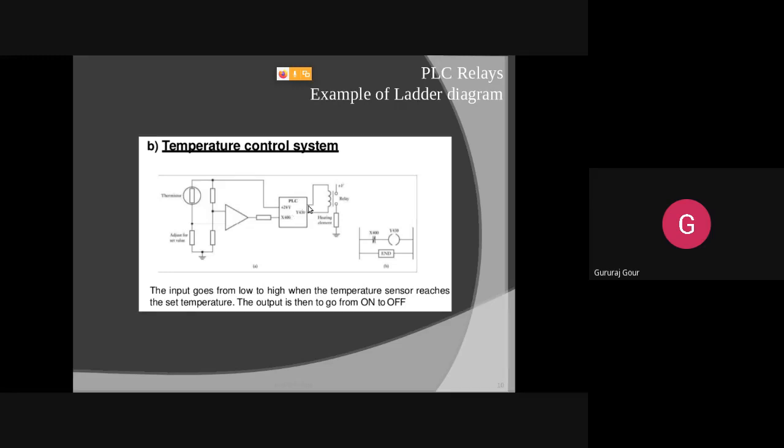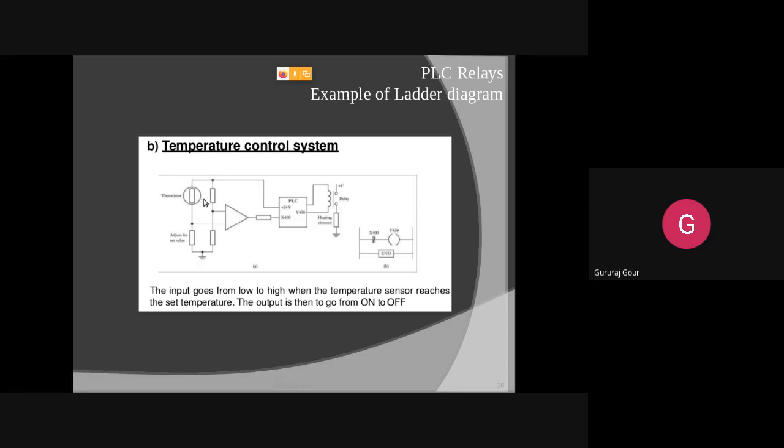And the output of PLC is going out from Y430, and it is going to control another relay to which the heating element is connected, where we are going to have the temperature control. So this can be coupled with the help of the relay here. This will indicate it as a relay symbol.